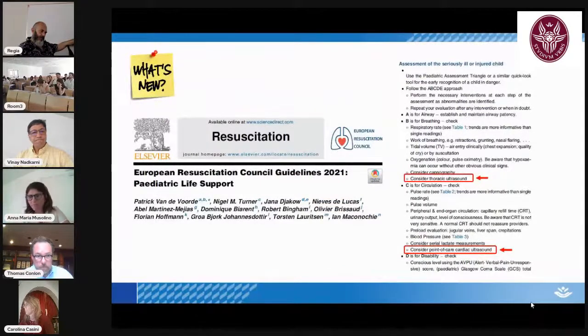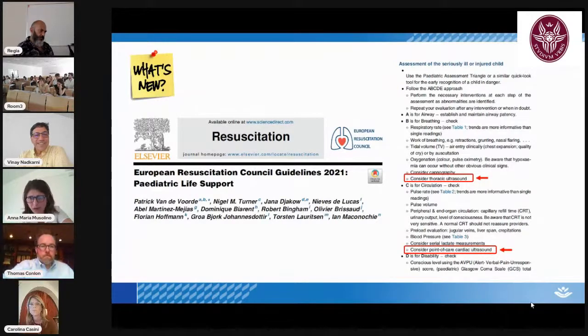And now, the crucial point of the presentation, the reason why we must be ready. European Resuscitation Council guidelines 2021 for pediatric life support, in the assessment of the seriously ill or injured child, recommend that when you are checking for breathing, you consider, together with all the parameters and the clinical evaluation, thoracic ultrasound.